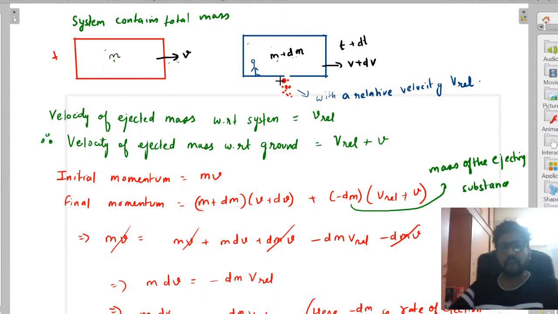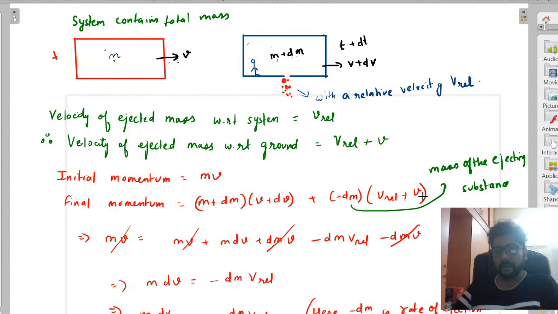Now, listen carefully. When you are conserving momentum, you need the velocity of the ejected mass with respect to ground. The velocity of ejected mass with respect to ground is v relative plus v. So you will write here minus dm into (v relative plus v).